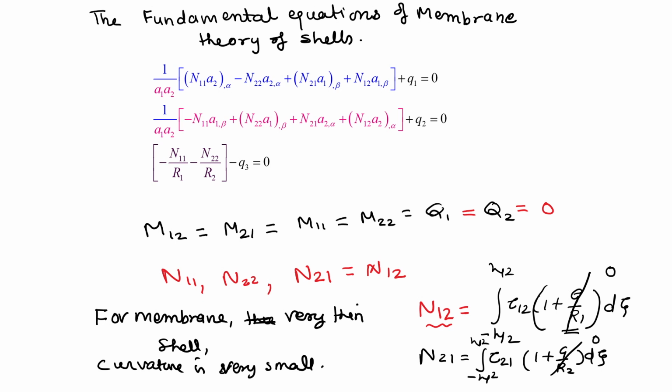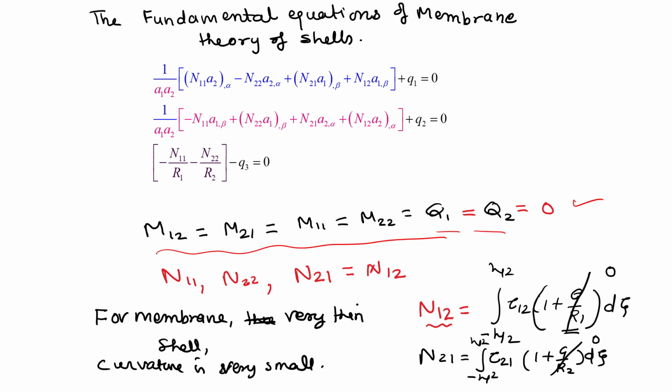There are numerous examples in which membrane theory of shells is applied. Since it cannot take any bending stress, the moments, whether M11, M22 or the twisting moment M21, and the shear forces Q1, Q2 are 0.